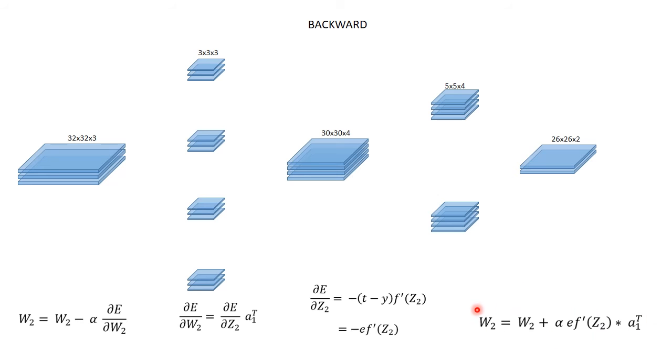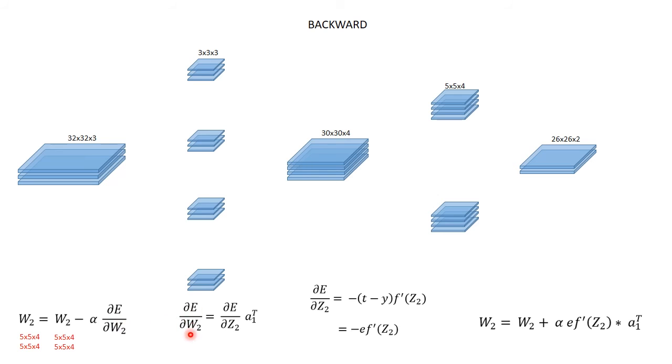Now let's verify it is correct. The W2 we are looking forward to updating is a parameter of size 2, 5 by 5 by 4, you can see it here. So this delta term has to be of the same size for the equation to make sense.